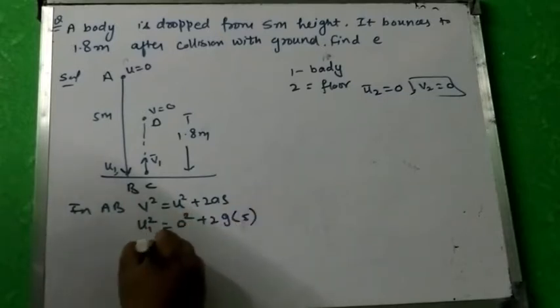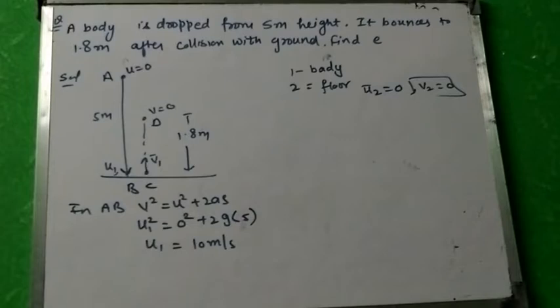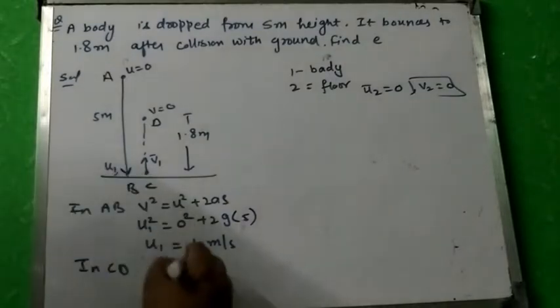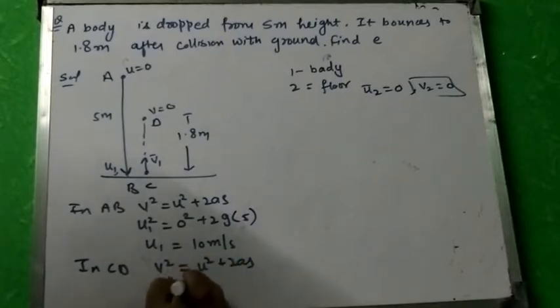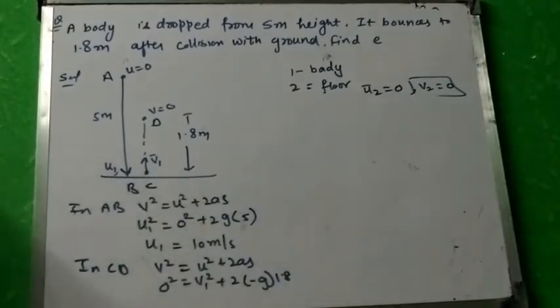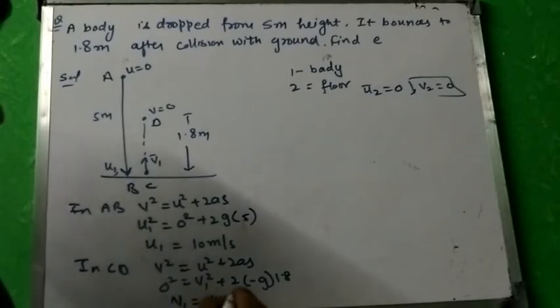It will become u1 is equal to 10 meter per second, if I put g as 10. In CD, if you apply v square is equal to u square plus 2as, then 0 square is equal to v1 square plus 2 into minus g into s, where s is 1.8. From here, v1 comes to be 6 meter per second.